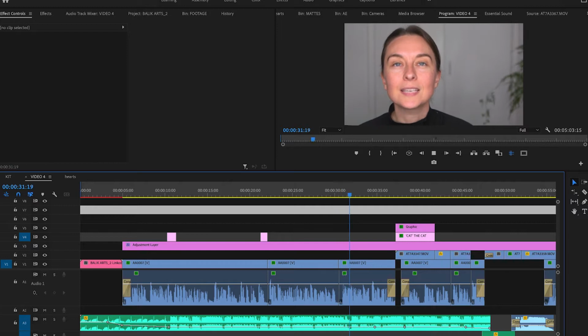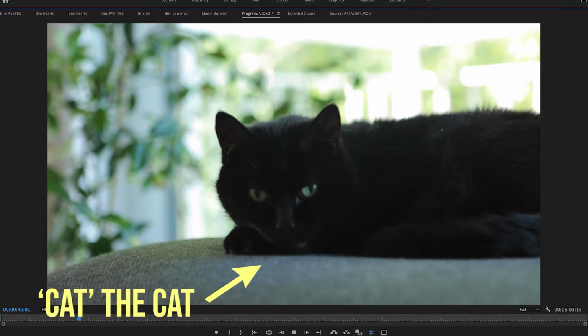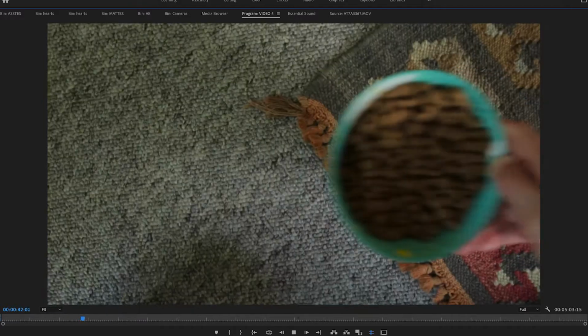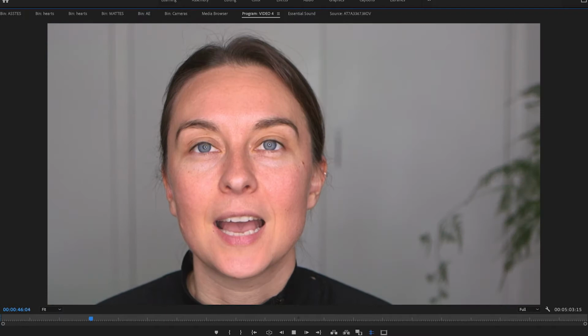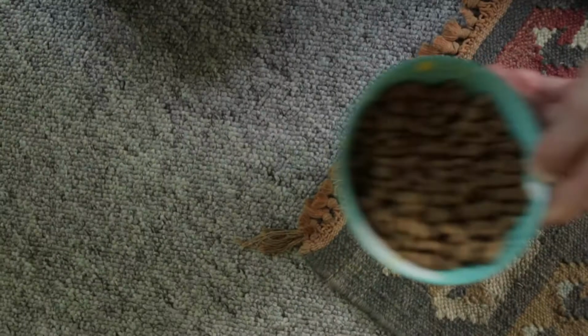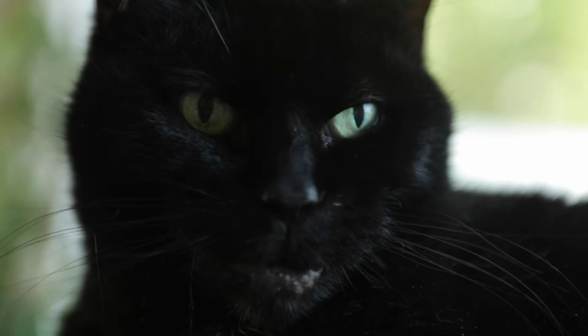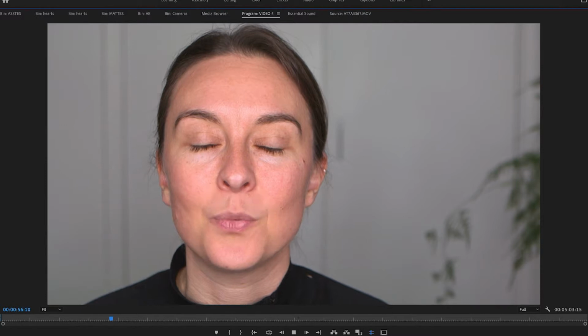So to understand how important these decisions are for telling your story, I'm going to do a little experiment with my cat. So if I take this shot of my cat, and then I take a shot of her food bowl, and I take this shot of my cat, and I arrange them like this, this is the scene that we get.